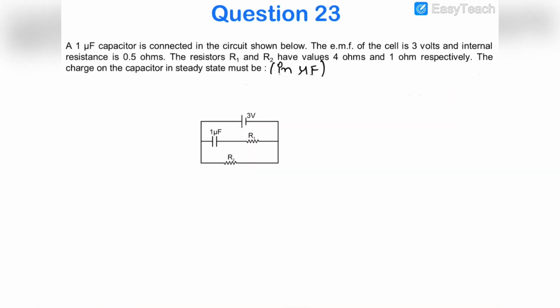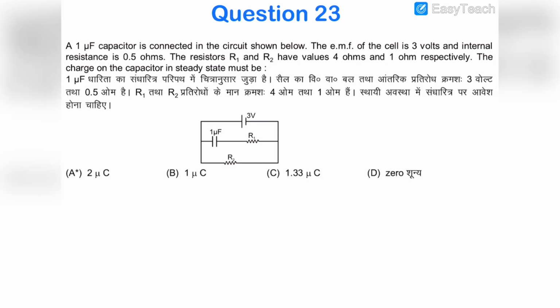In this question you can see that this is a 1 microfarad capacitor and this is a resistance, and this is a cell of EMF 3 volts, and the internal resistance of the cell is also 0.5, and the values of the resistances are 4 and 1, and we have to find the charge on the capacitor in steady state.